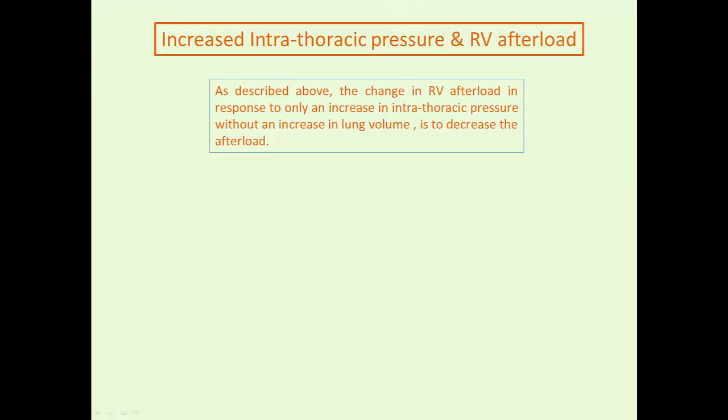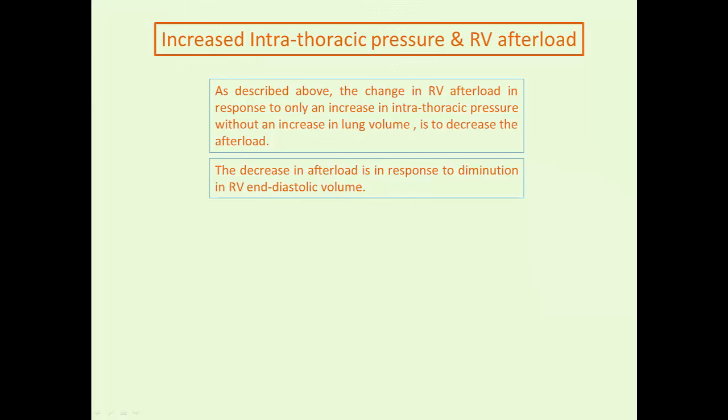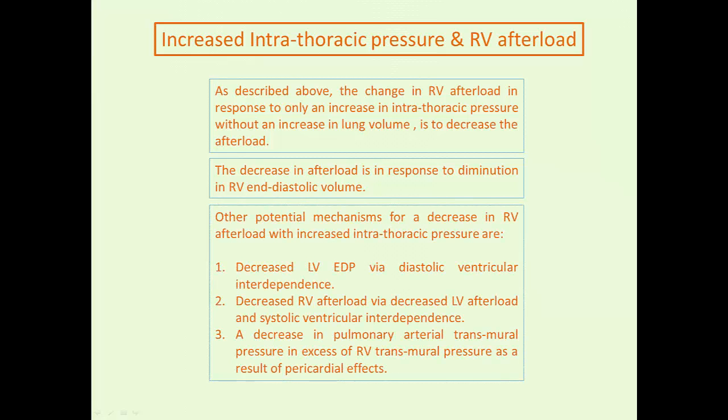So if you increase your intrathoracic pressure, you're going to decrease that radius of curvature, and you'll tend to decrease the tension on the right ventricular myocytes, and therefore you'll decrease afterload. There you go. That's what I just said.